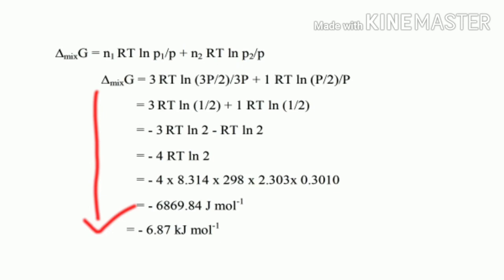Just inverting the logarithm term, it becomes minus. So it gives ΔG mix equal to minus 4 RT ln 2.